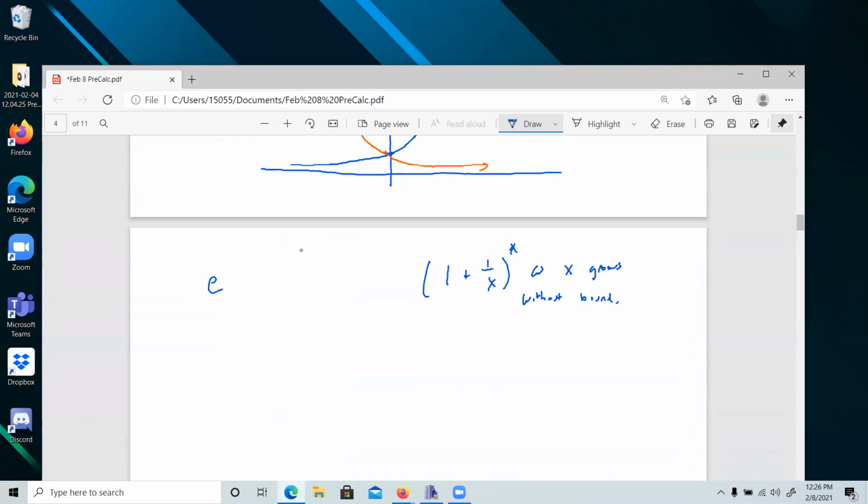You'll learn a slightly different way to write this in Calc 1. But just put in as big a number as you can for x and then keep going. Put a bigger one in, put a bigger one in, put a bigger one in. All right. And e was approximately 2.71828, and then there's like a 5 after that.